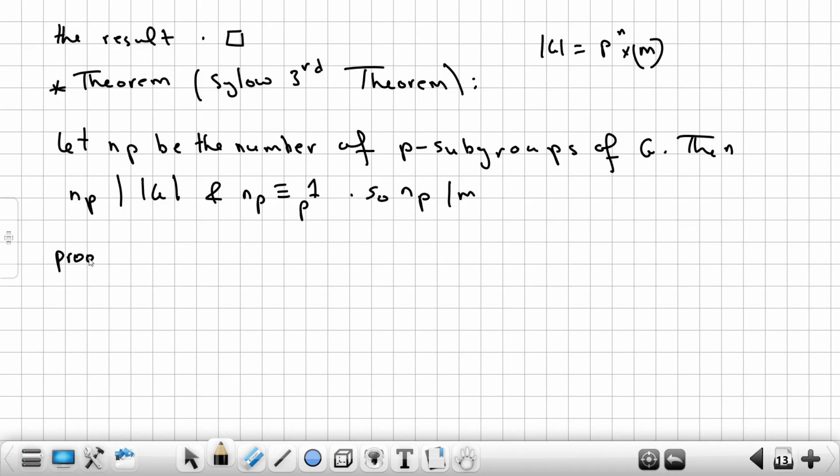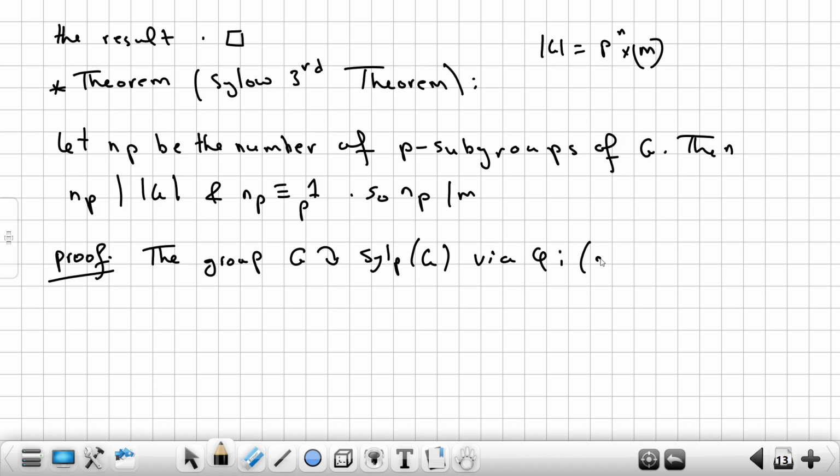Proof. The group G acts on Syl_p(G) via phi, by conjugation.